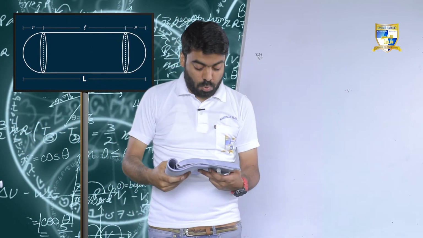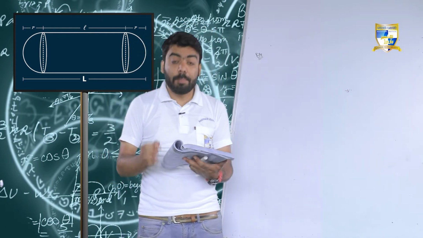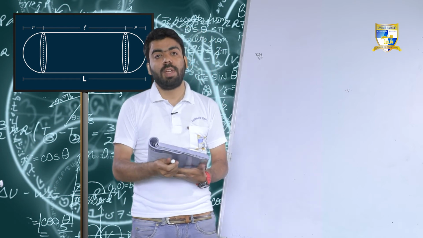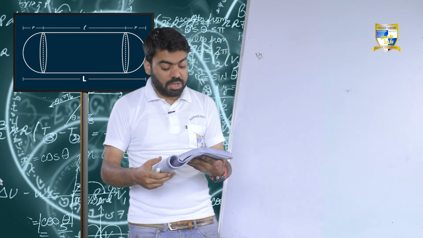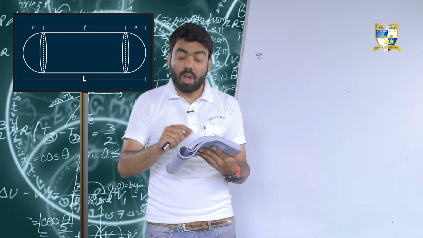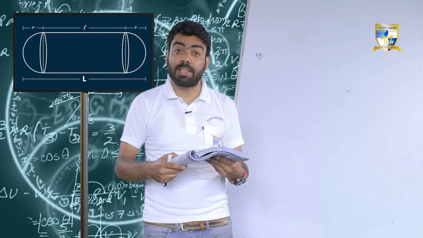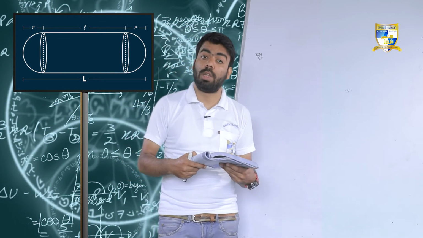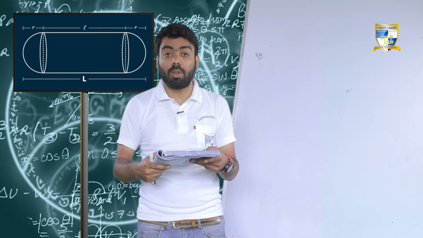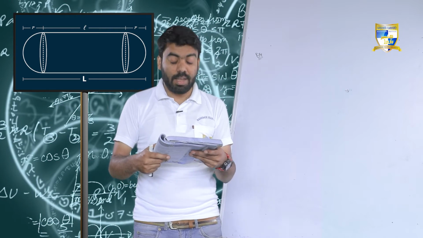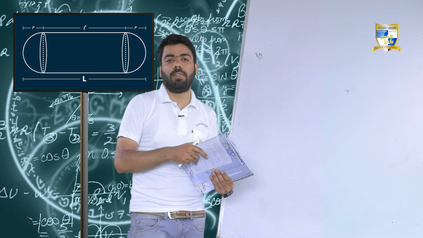A solid iron pole consists of a cylinder of height 220 centimeter and base diameter equivalent to 24 centimeter, which is surmounted by another cylinder of height 60 centimeter and radius 8 centimeter. Find the mass. We are not supposed to find the volume only. We are supposed to find the mass of the pole, given that 1 centimeter cube of iron has approximately 8 gram of mass, which is, in short, density is given, right?